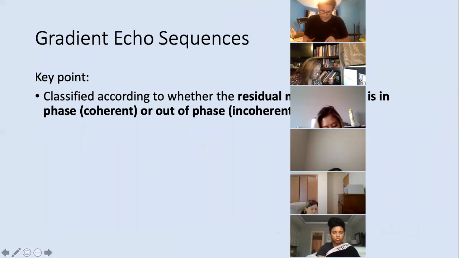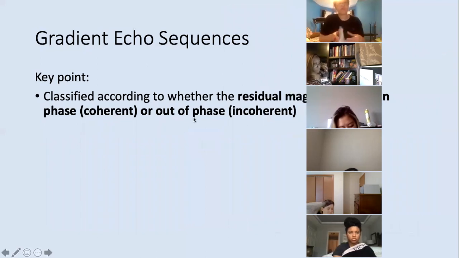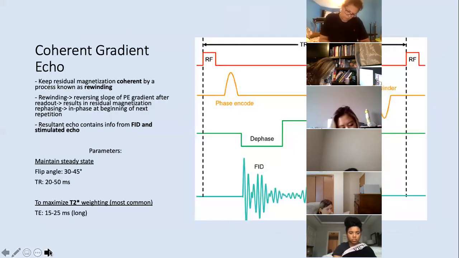This is just a slide to reinforce that what we do with this residual magnetization, whether it's incoherent or coherent, gives us our desired image weighting, whether it's T1 or T2 star. So with that being said, this is our first gradient echo pulse sequence that we're going to come across. This is called a coherent gradient echo.